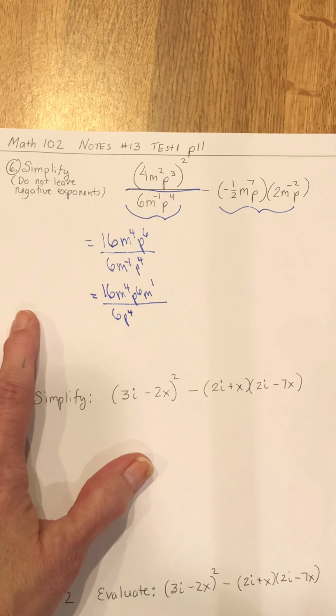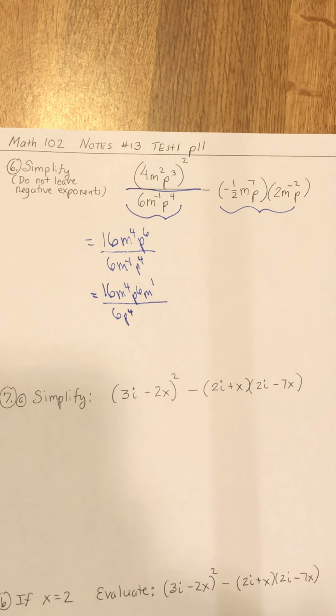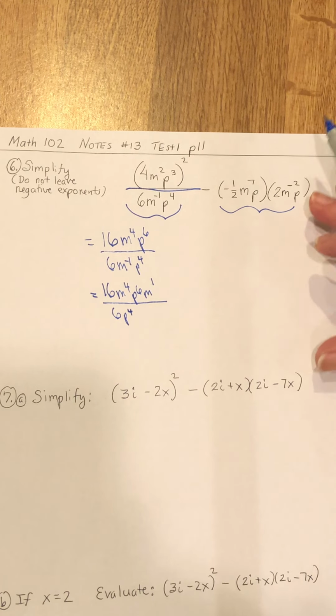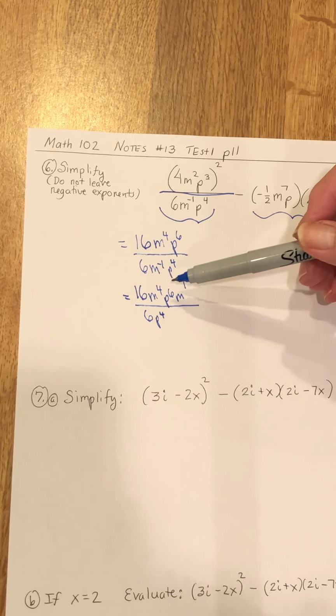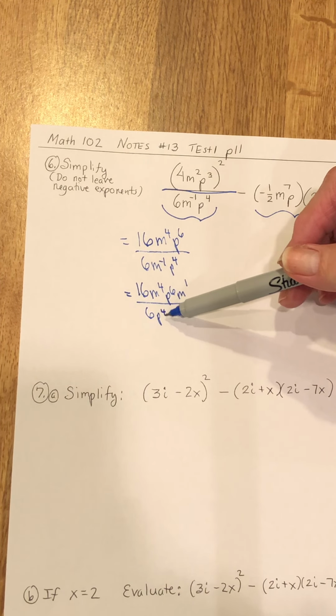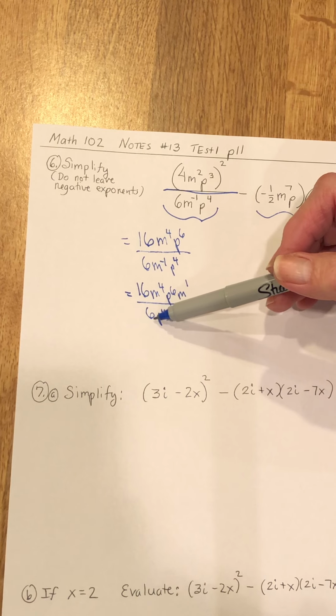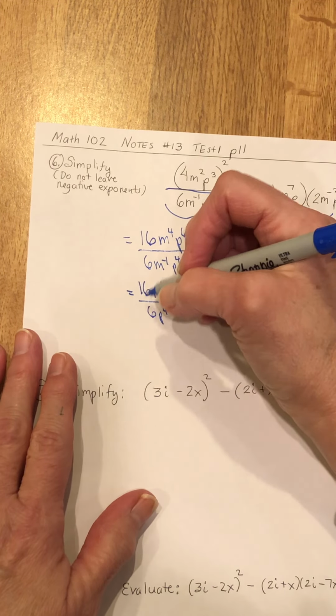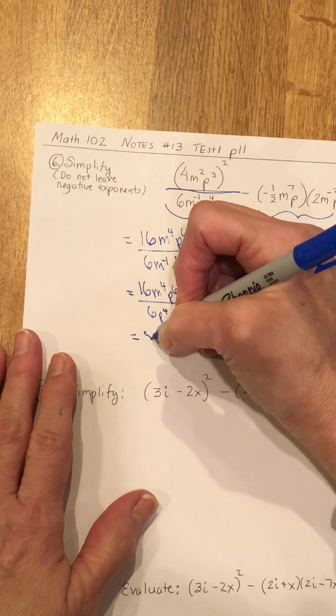And now I'm going to reduce. 16 over 6. You know what happens? When you're dividing like bases, you subtract the exponent, so that's going to be p squared. So I get people subtracting 16 over 6. Those aren't exponents.